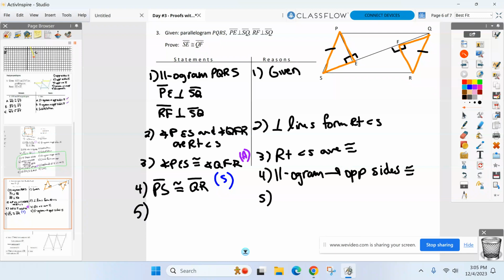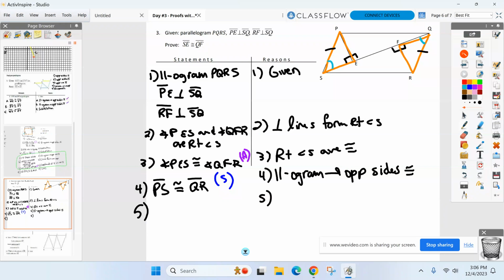Hopefully going forward, after I give you this piece of advice, these angles or sides will be a lot easier to notice. If you are given a parallelogram, and there is at least one diagonal drawn in, like SQ is drawn in, you're going to have alternate interior angles somewhere, without a doubt. So if you have a parallelogram with at least one diagonal drawn in, you will have at least a pair of alternate interior angles.